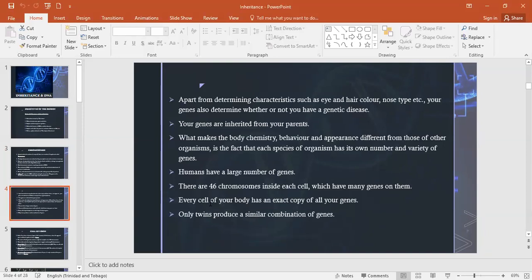All right, so remember we spoke about the amount of chromosomes that your cell has, right? So what do you call a cell that has 46 chromosomes?